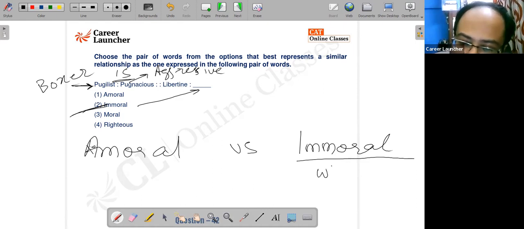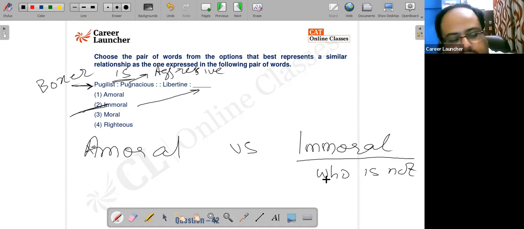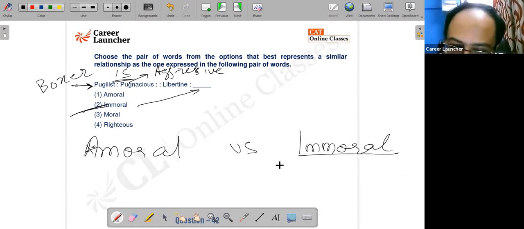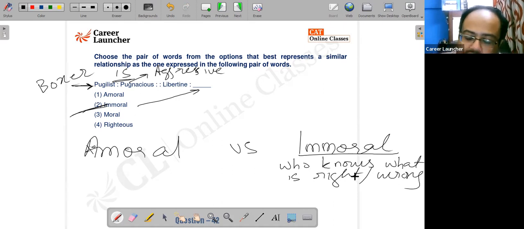Immoral is a person who knows what is right and wrong. Immoral is a person who has knowledge about morality.